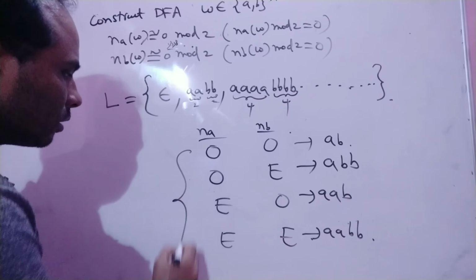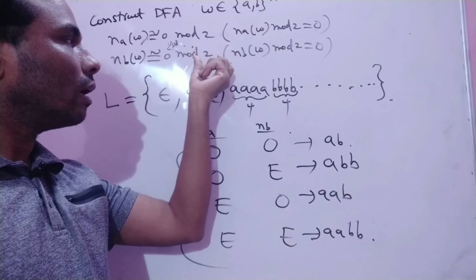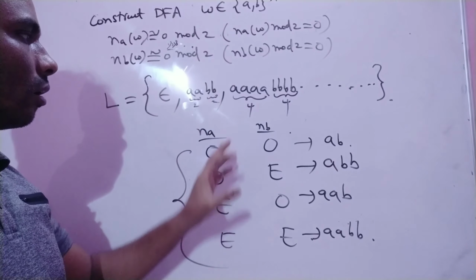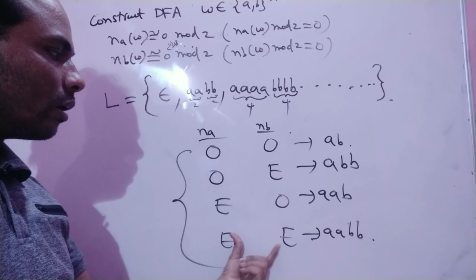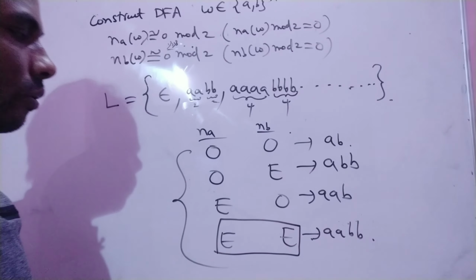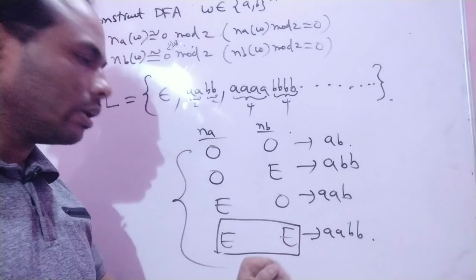These are all the possibilities, but for this particular problem we are not going to construct the DFA for everything. We are going to focus only on this part, where both the number of a's and the number of b's should be even numbers.